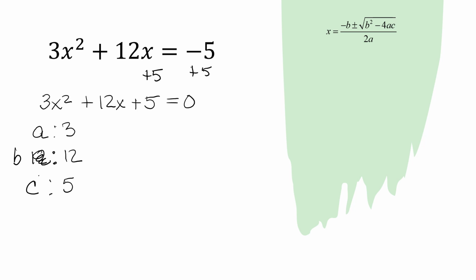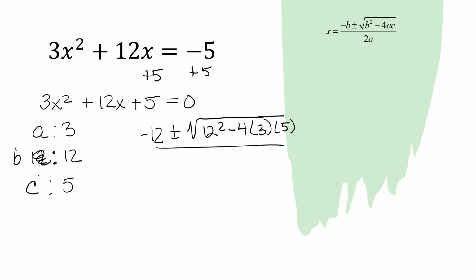So we have negative 12 plus or minus the square root of 12 squared minus 4 times A, which is 3, times C, which is 5, all over 2 times A, which is 3.